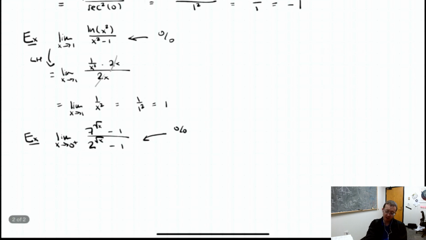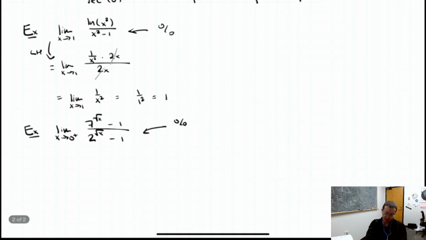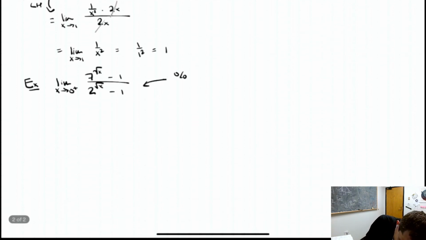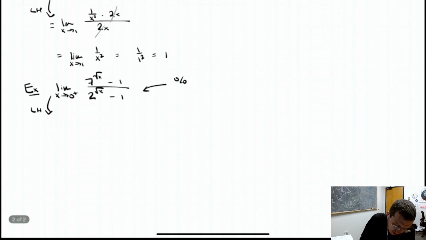This is once again 0 over 0, because when I plug in 0, the square root of 0 is still 0. 7 to the 0 is 1. Anything to the 0 is 1, so I get 1 minus 1 on the top. And at the bottom, 2 to the 0 minus 1 is 1 minus 1, which is 0. So we can apply L'Hopital's rule.